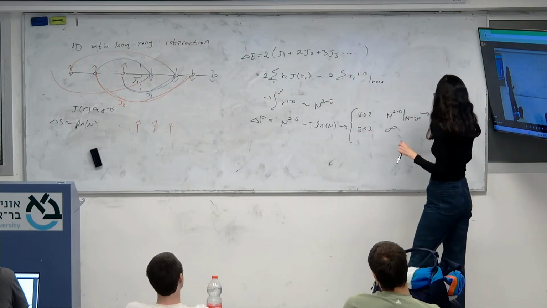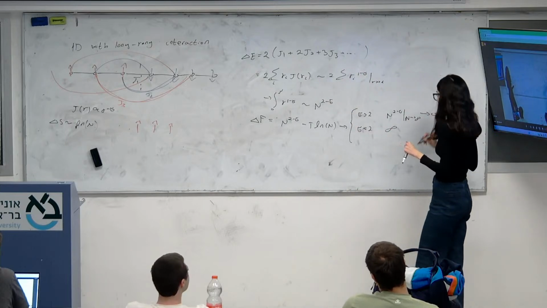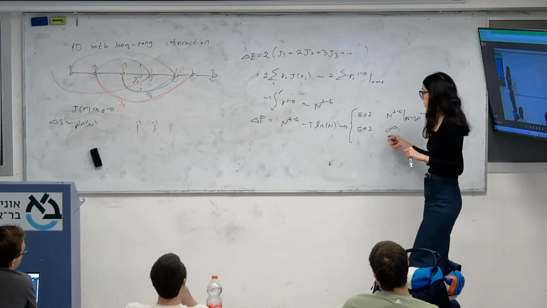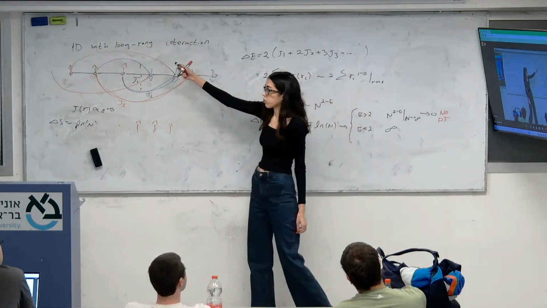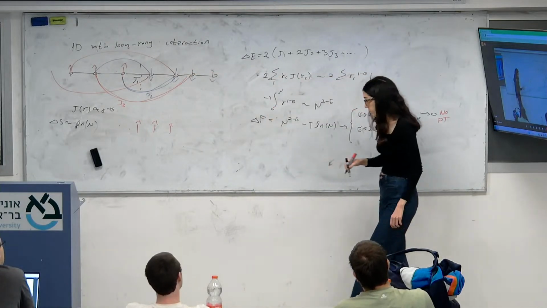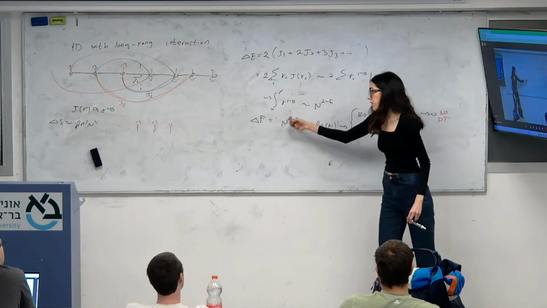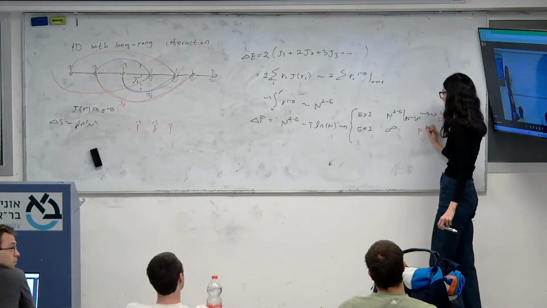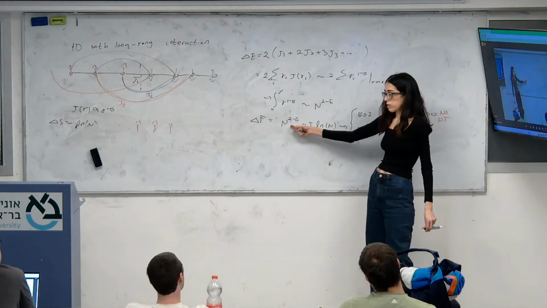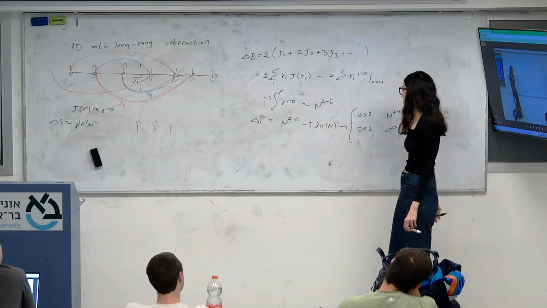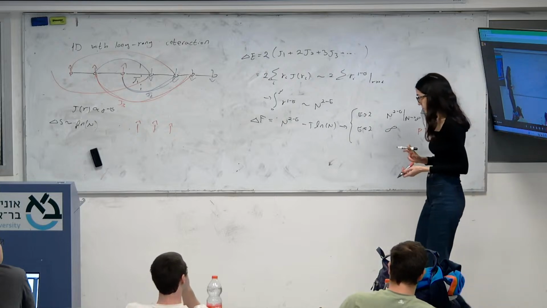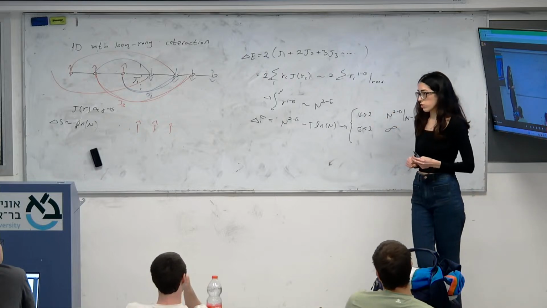So we have no phase transition. But in the second case, if sigma is smaller than 2, the decay of the interaction is very, very slow, and then this part overcomes this part, and we do have a phase transition, because this goes to infinity faster than that. So this is for larger and smaller.